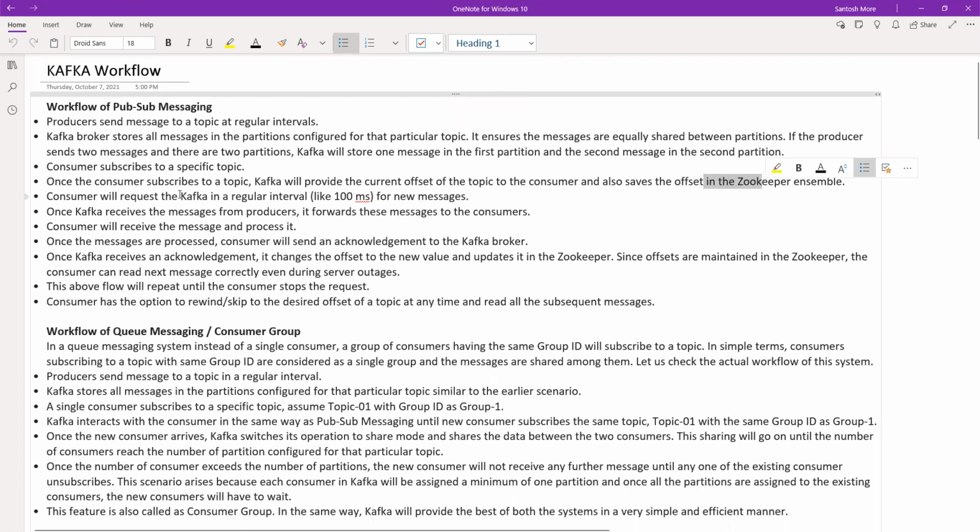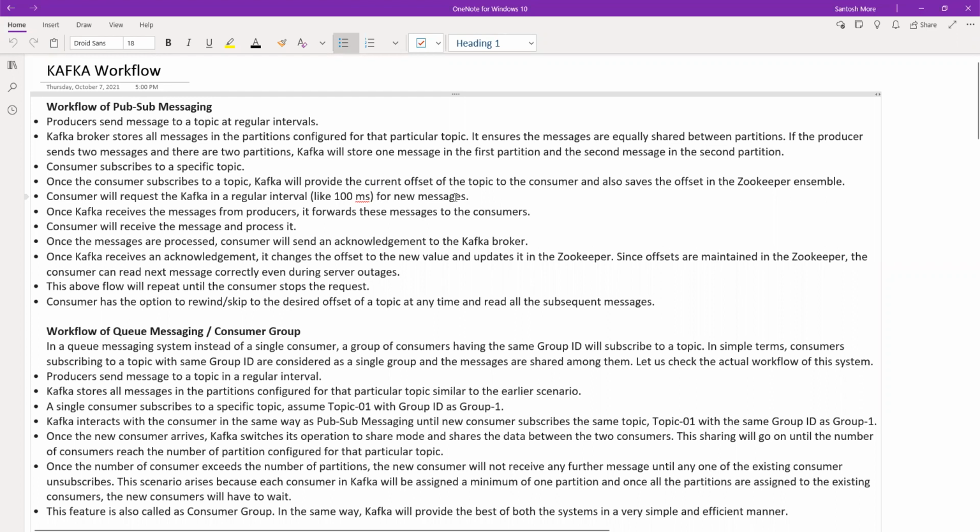The consumer will request at a regular interval for new messages. So here the consumer is also doing batch processing. It doesn't go for each and every message, but requests Kafka at a regular interval, like polling. For example, if it's 100 milliseconds, after every 100 milliseconds it will request whatever messages are available from the current offset.